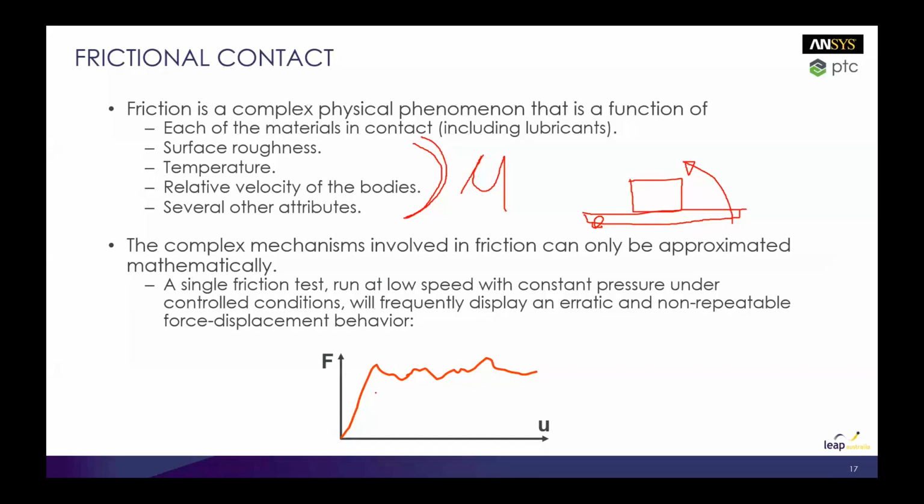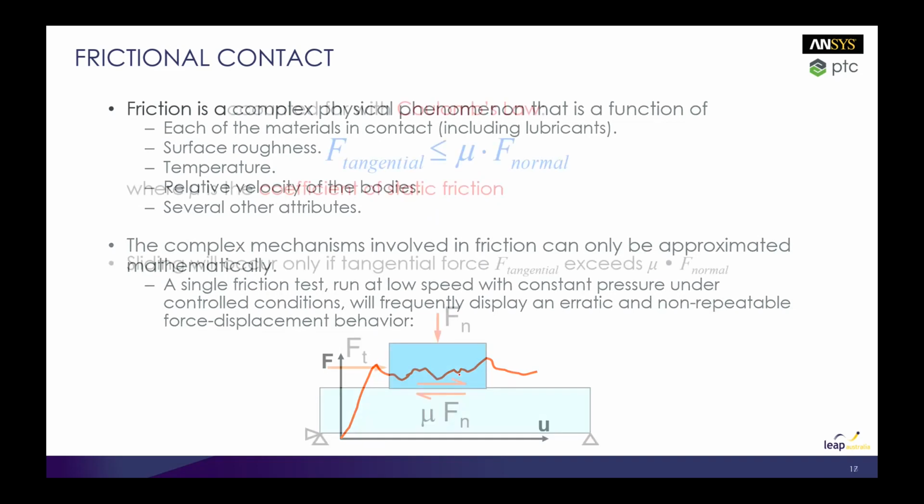If you look at a force displacement relationship, the force builds up. This would be elastic deformation, and then in this region here, that's when the part is sliding. That's essentially what we aim to simulate.